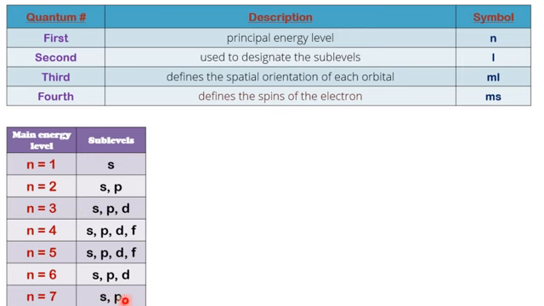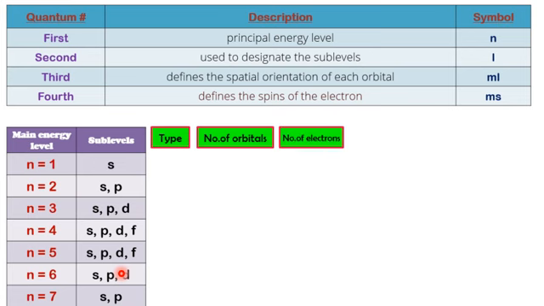So let us talk more about these s, p, d, f. We have what we call the type of sublevel, how many orbitals are there in each sublevel, and also how many electrons can occupy those sublevels, plus how it looks like. I will give you an example later. Take a look at this.